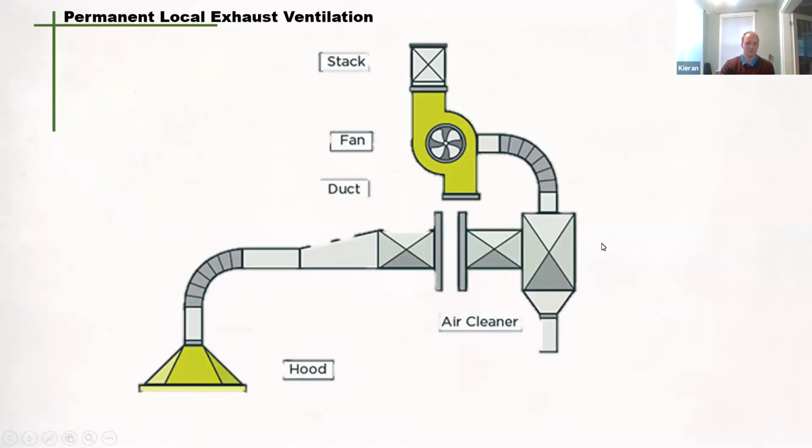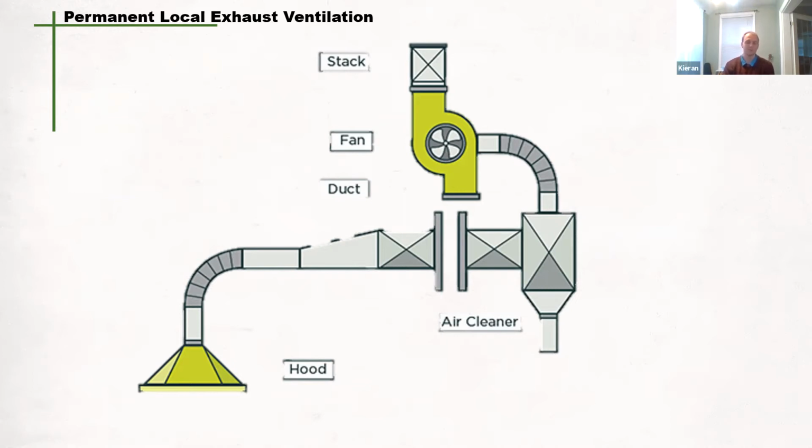So one of the main things is in a high concentration of emission, let's say for a good example a welder, it's a great control to have a permanent local exhaust ventilation system. As you can see there, the stack, fan, duct, air cleaner and hood pulls the air through and it vents outside.